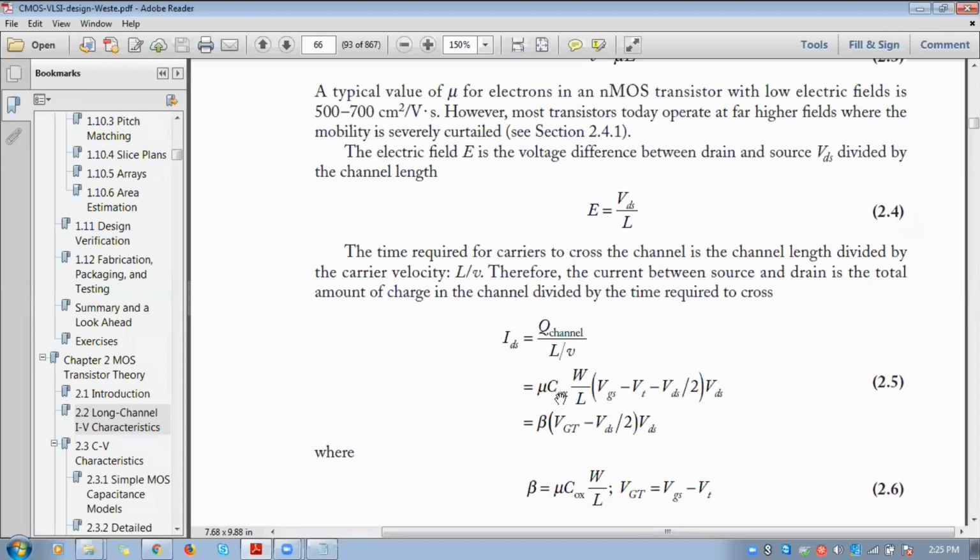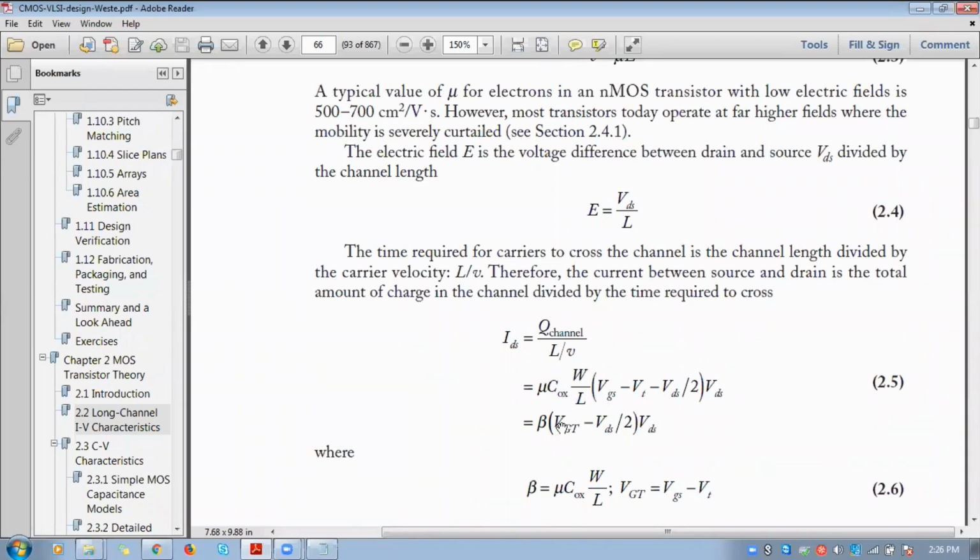From this expression, you can clearly understand that VGS is constant for that particular region. We are not increasing VGS after that, and VT is constant with respect to the manufacturer, so VGT will become constant. Beta is already a constant.